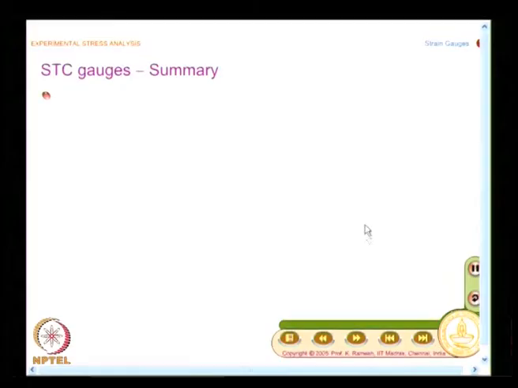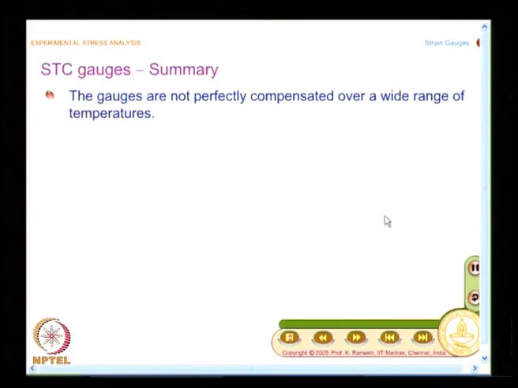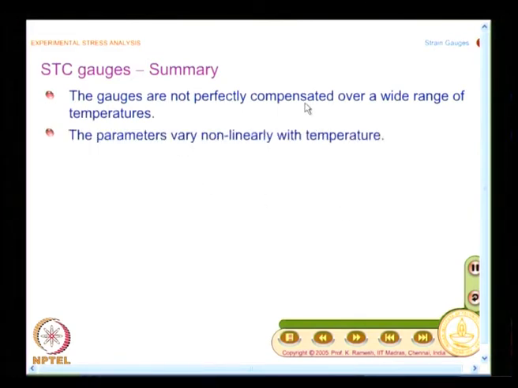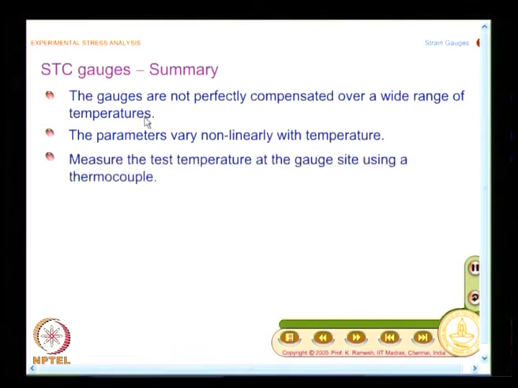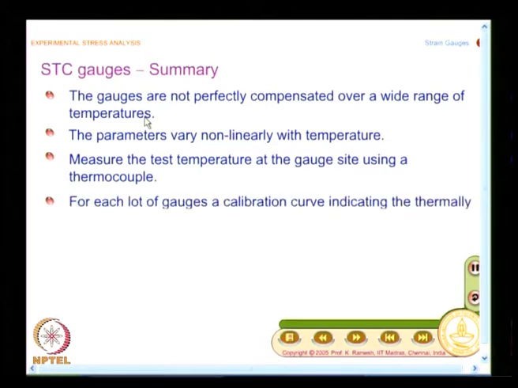And another aspect is, can these self temperature compensated gauges be used for a range of temperatures? That is another question, but the answer is no. So, they are not perfectly compensated over a wide range of temperatures. For small temperature variation, self temperature compensation is all right, and that is good enough. For most of the applications, we want only like this.